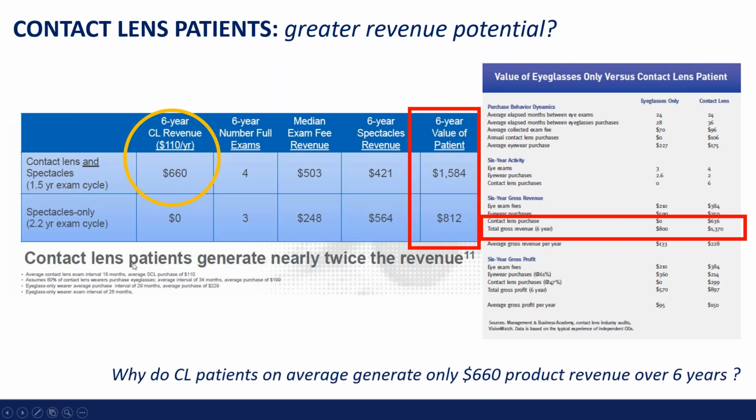The interesting thing we're pulling out here is that the contact lens revenue accounts for only $660 of gross revenue. And I guess the real question is why is it so low? Is it because of compliance, or is there something else at work here?